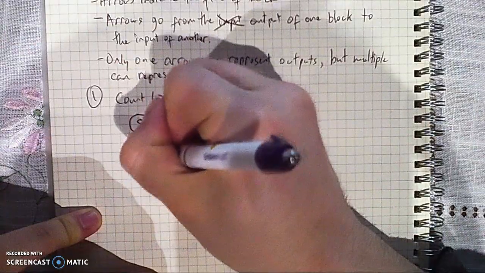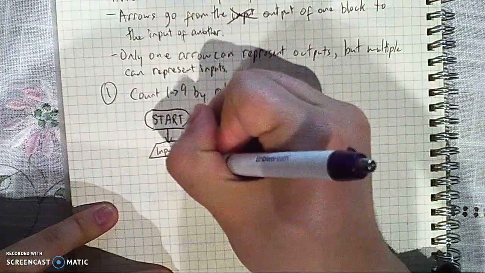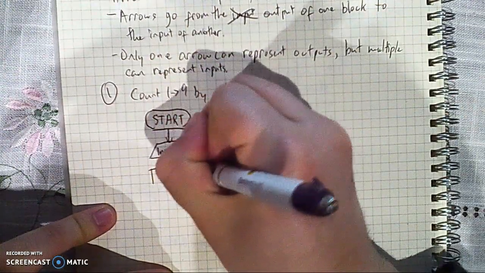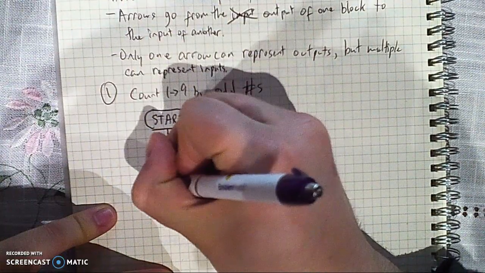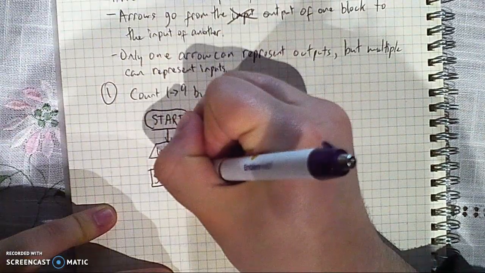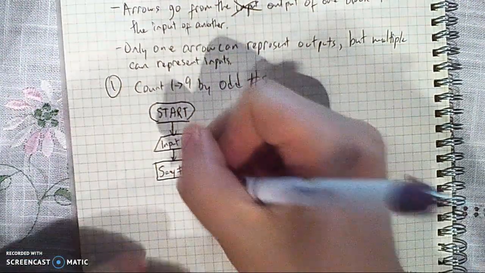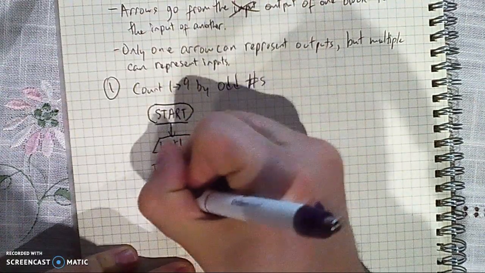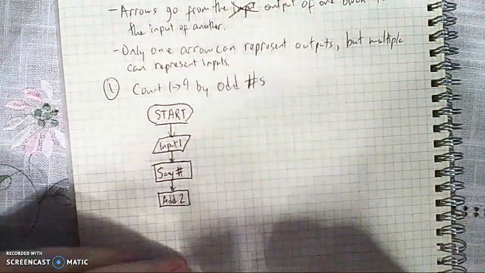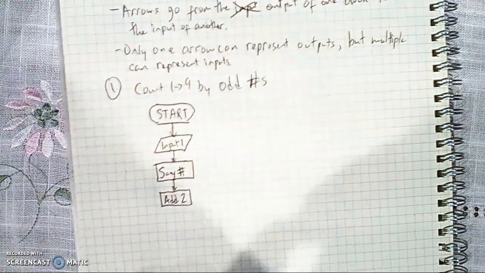So input 1, the user inputs 1. Then it's going to do an action, not a decision, a process. So say, I'm going to put a hashtag for number, say number. Then we're going to do another process, add 2. So it takes that number and adds 2. So we were at 1, now we're at 3.